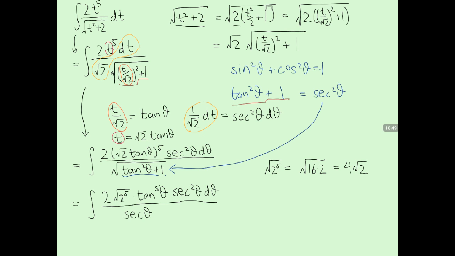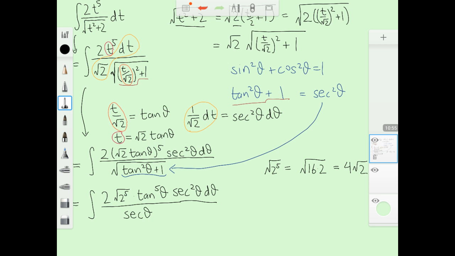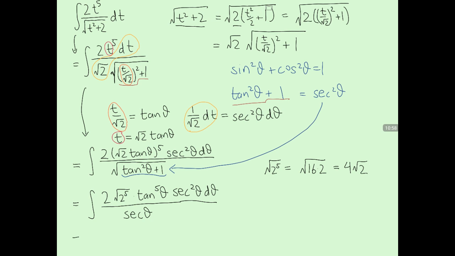So we can plug that in, and rewrite our integral as 2 times 4 root 2 tan to the 5th theta, and now we have secant squared theta over secant theta. One of the secant thetas on the numerator can cancel out with the one on the bottom, so all we get is secant theta d theta.